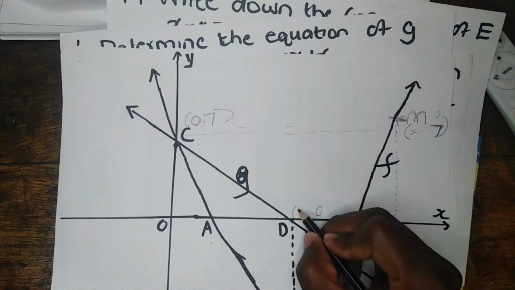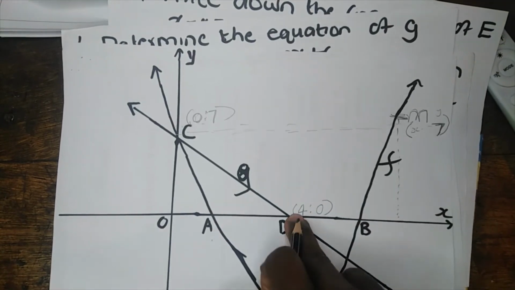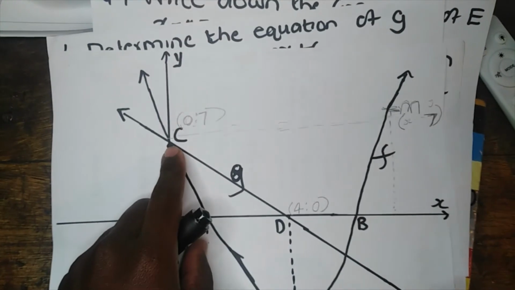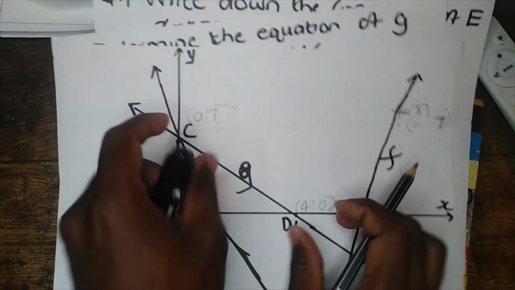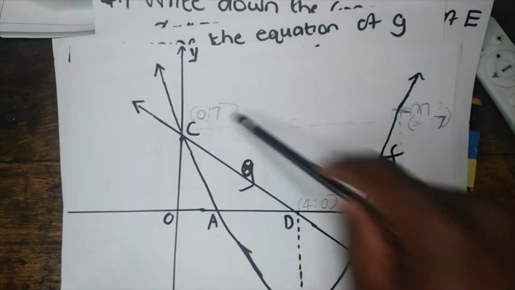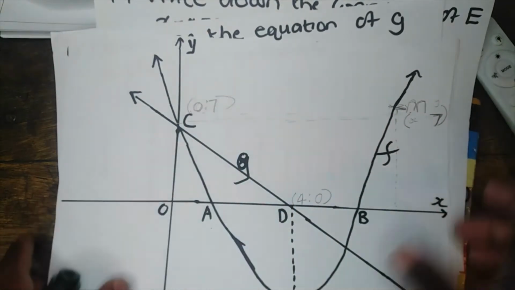So 4 is the x and 0 is... and 0 is 7, right? Why do I write this? These two coordinates will help us calculate the gradient, right?